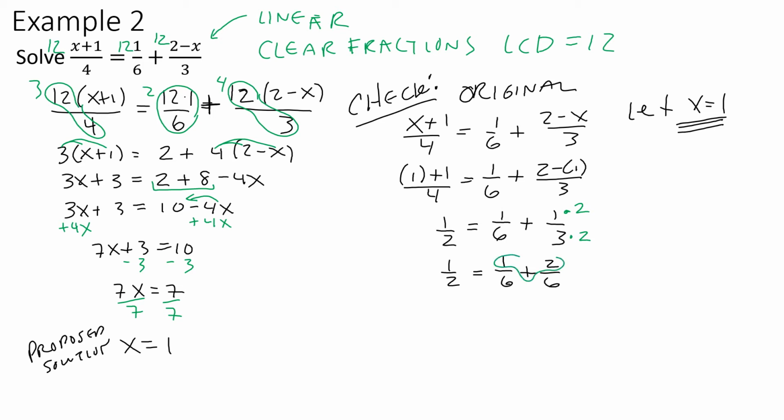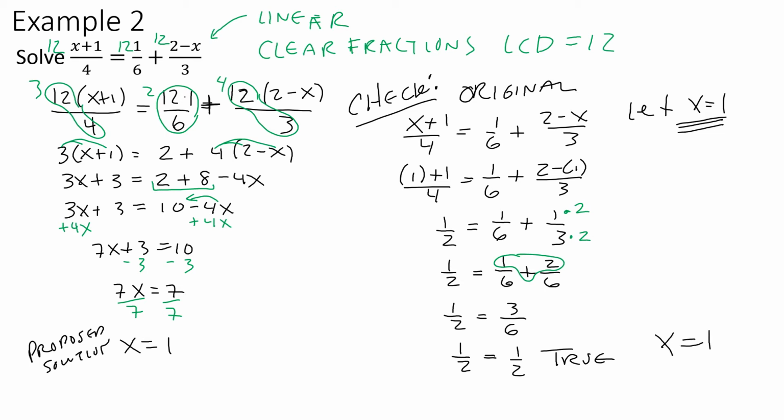So now I can add or combine the numerators, and I now have 1/2 equals 1 plus 2 gives me 3, and then I just write the denominator once. And I can see that the right-hand side does in fact simplify to 1/2. That is a true statement. Therefore, x equals 1 is also a solution.